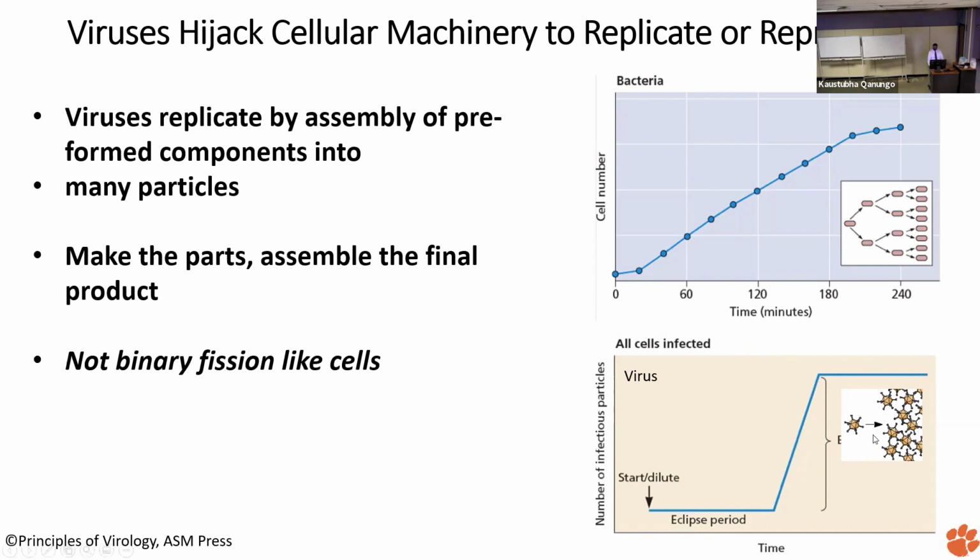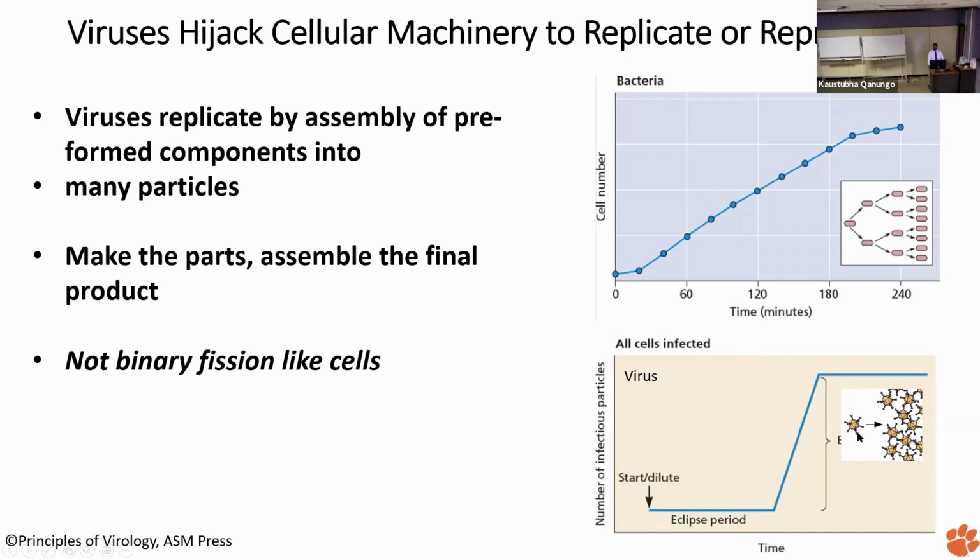So that's the basic difference between the growth curve of a living organism, like bacteria, and a virus. You can easily see that it is not binary fission, and this is only possible because the viruses make all the parts and assemble the final product. When the final product is assembled, they all come out together, and only at that time do you detect the virus.